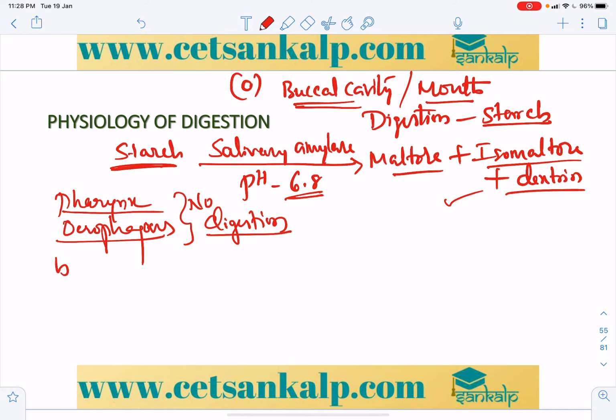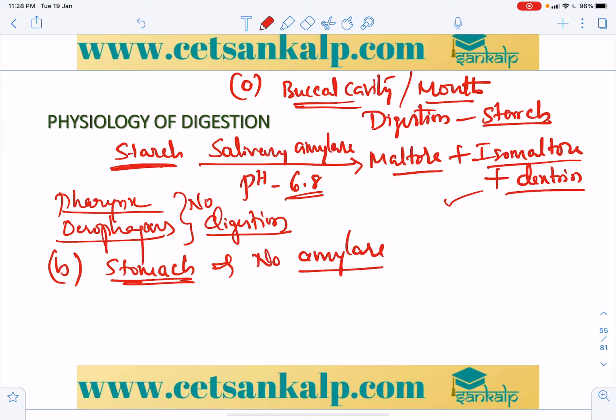Next, in the stomach, this is very important: no salivary amylase, or you can say no amylase, hence no carbohydrate digestion. There won't be carbohydrate digestion.